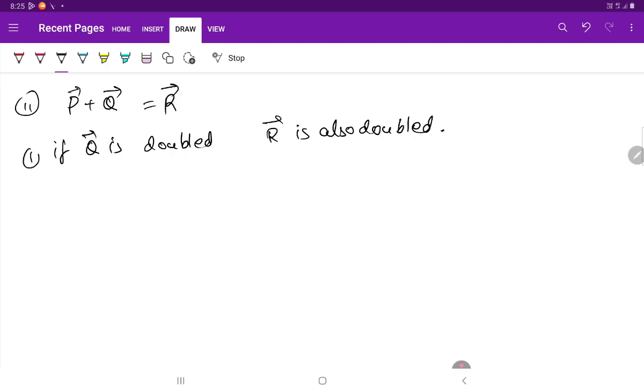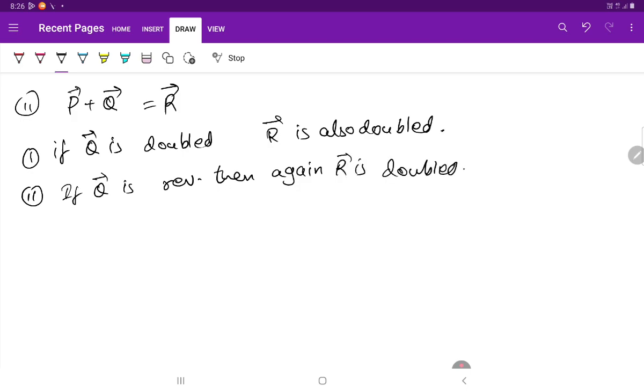Second point is, if Q vector is reversed, then again R vector is doubled. The question is to find the ratio of the magnitude of P vector to Q vector to R vector. Basically, you have to find the ratio of their magnitudes.